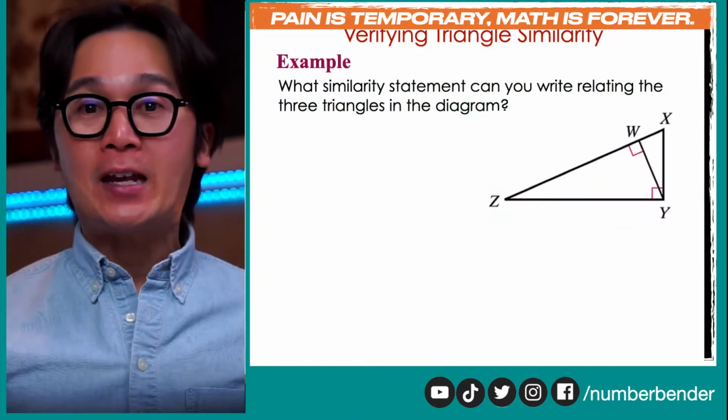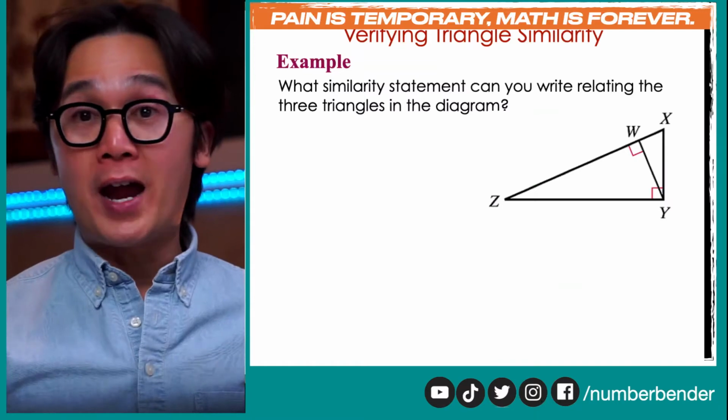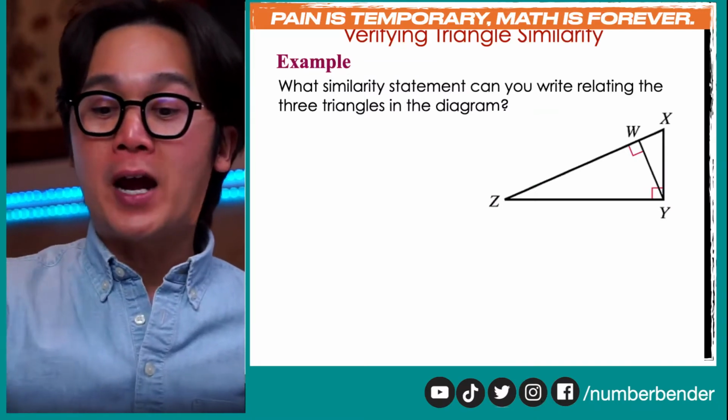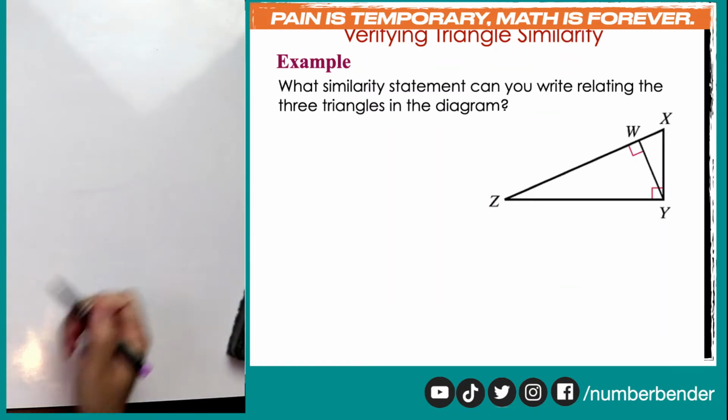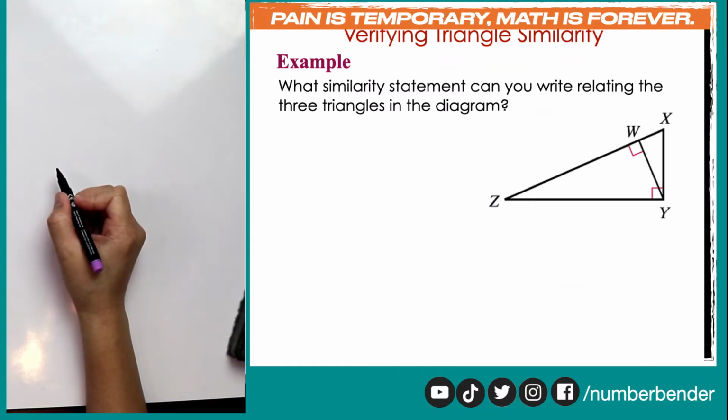So let's say we have this right triangle and we know that if we rotate it, it will look similar to the triangle that we are talking about in this particular theorem.